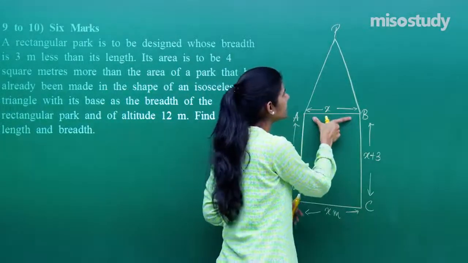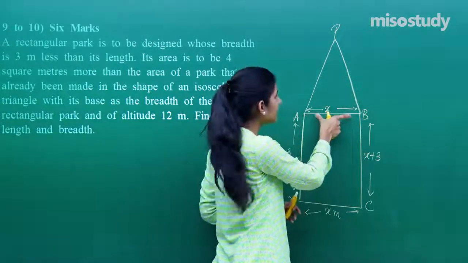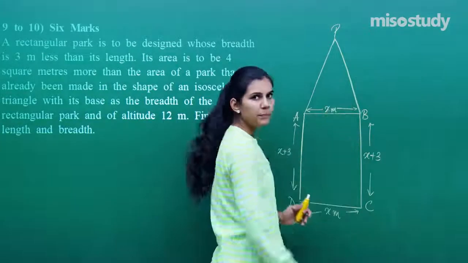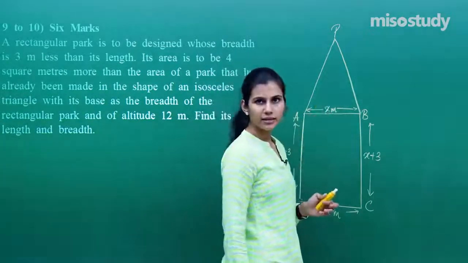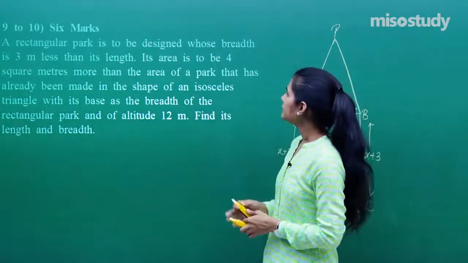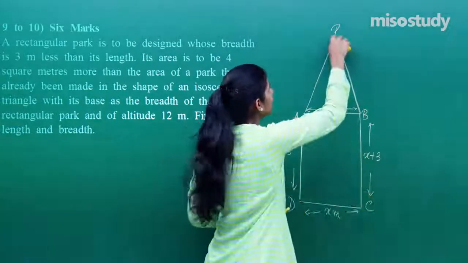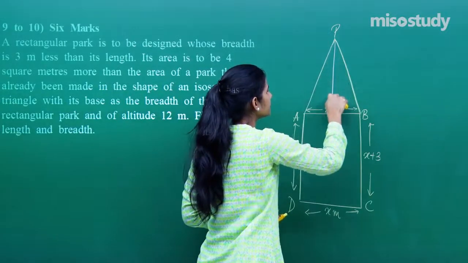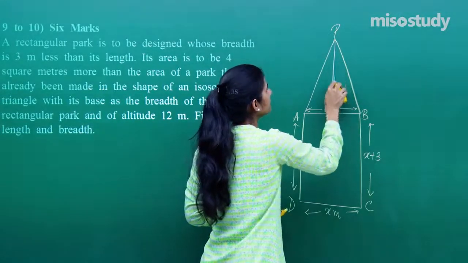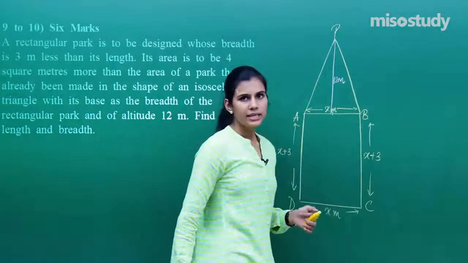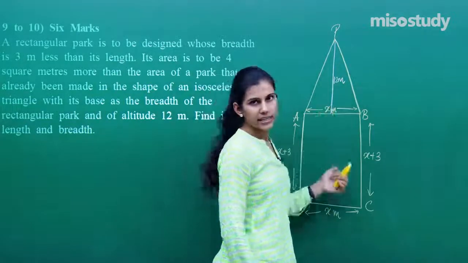That means the base of the triangle is x meters, and it is also given that the altitude of that triangle is 12 meters. So the height is given to you. It is 12 meters.